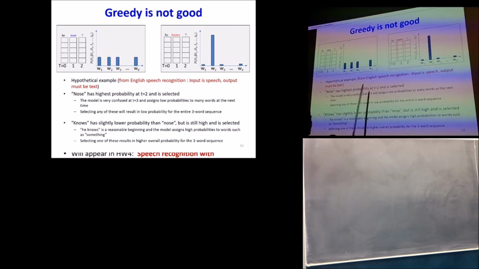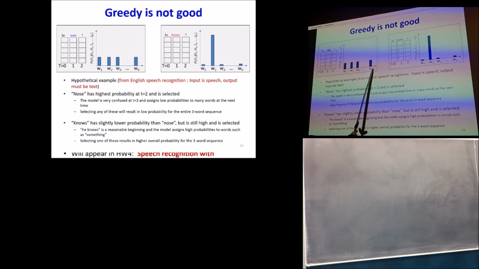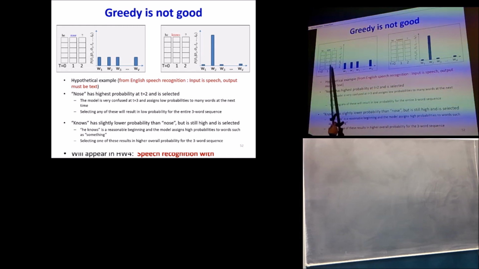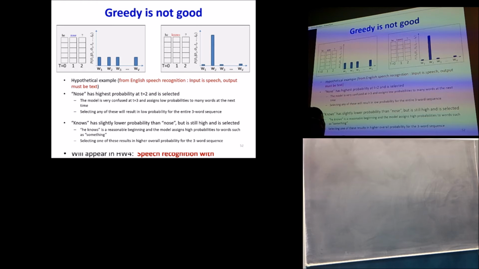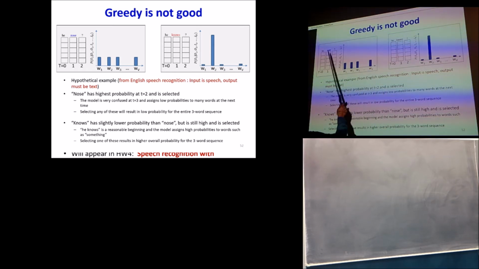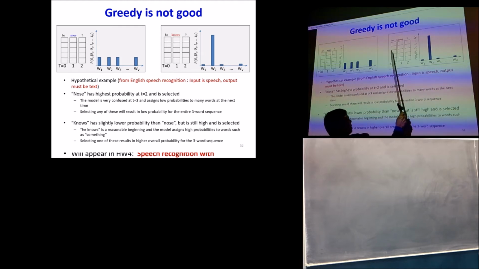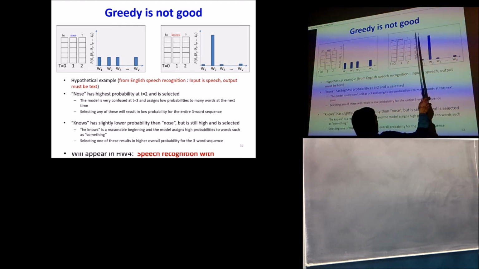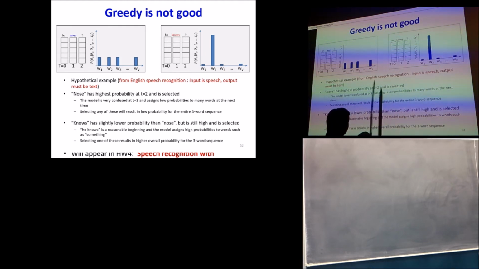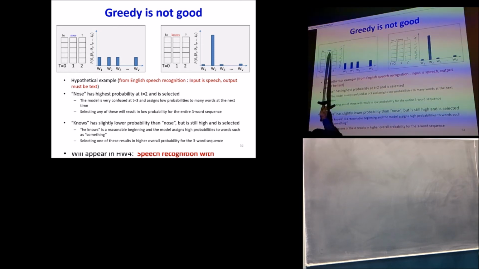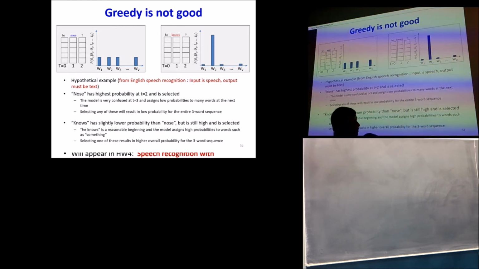And so now, over here, if I pick the most likely of these words, the product of the probability of the first three words in this case can end up being much lower than the product of the probability of the first three words in this case, even though for the second word, "knows" was more probable than this guy over here.